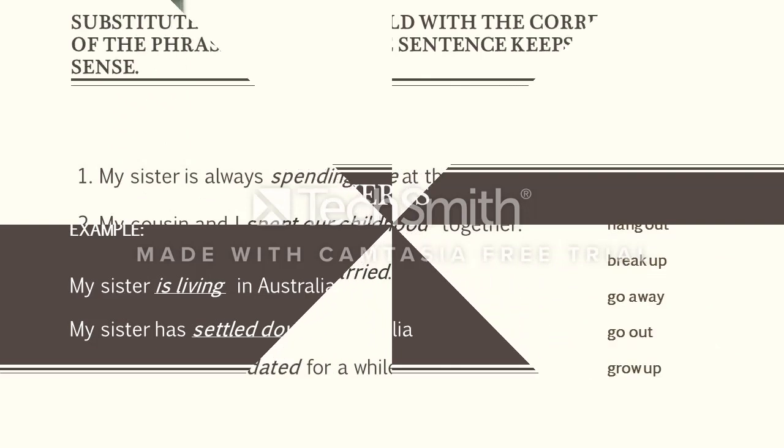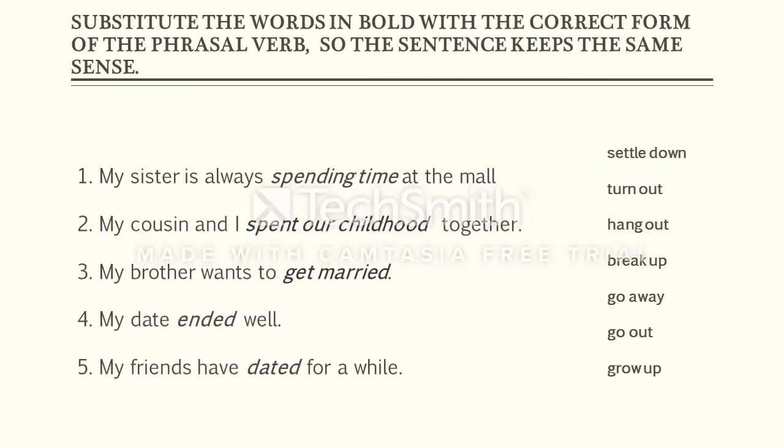So the next activities is precisely that. You have here the choices of the phrasal verbs on the right, and you have here in bold the verb that you will have to change, or the phrase that you have to change with one of the phrasal verbs you have on the right.